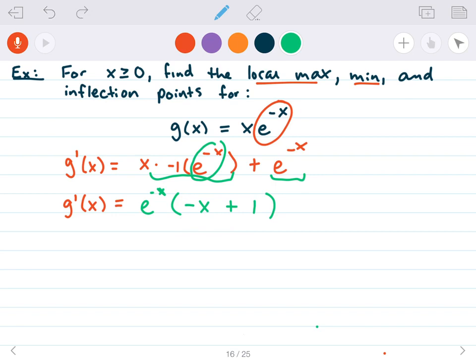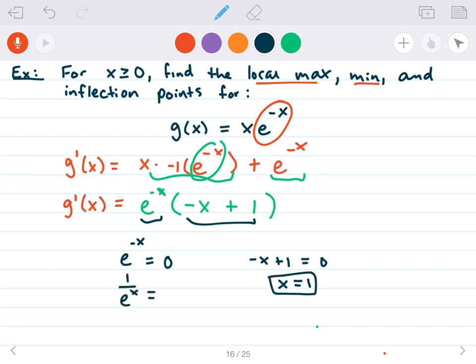Now I'm going to set each of these factors equal to 0 to find my critical points. Here I get x equals 1. Now here, e to the negative x is the same thing as 1 over e to the x equals 0.